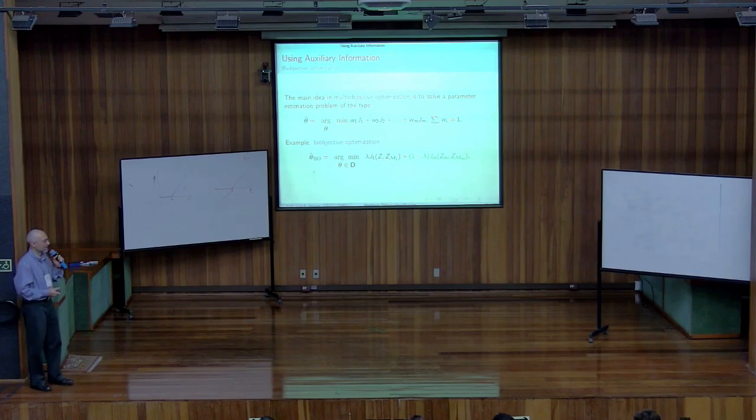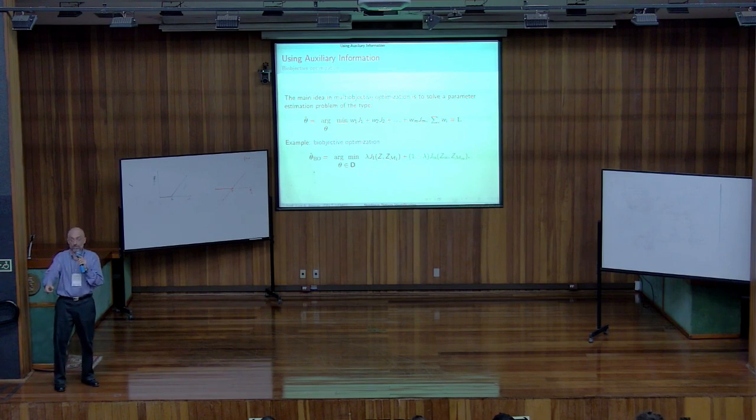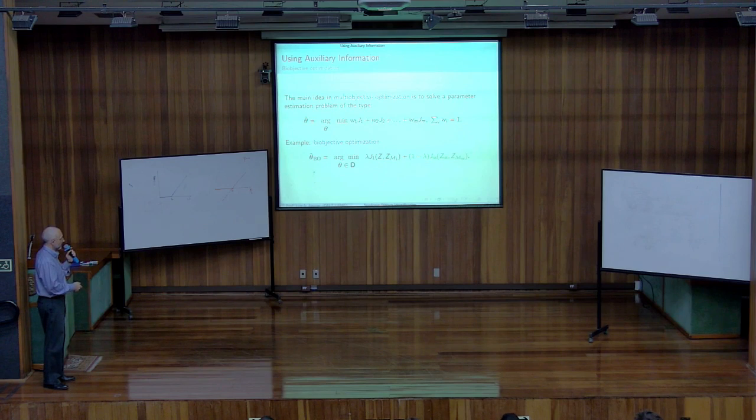So for instance, I have steady-state data, I want to use it, not as before, I don't want to impose it, but I want to use it. So I have this cost function, and again, I want the model steady-state information to be as consistent as possible with the steady-state data that has been measured.